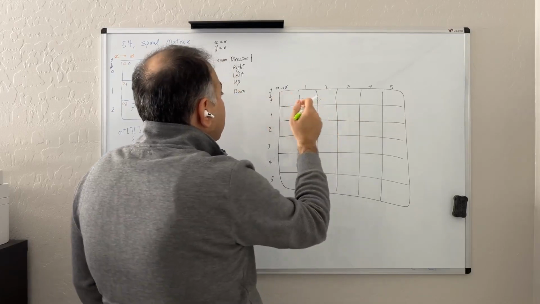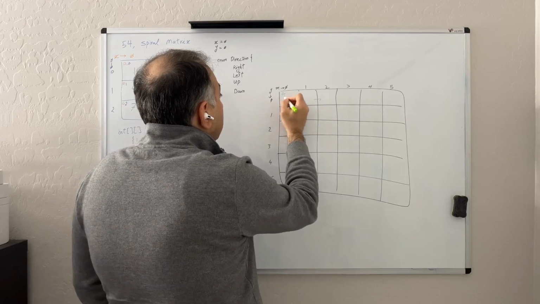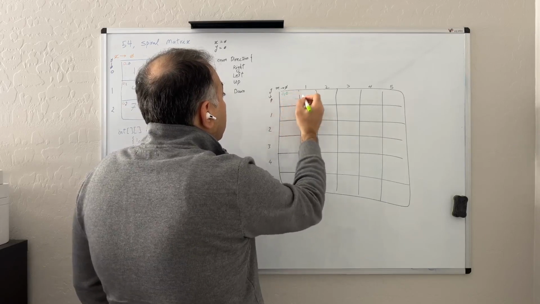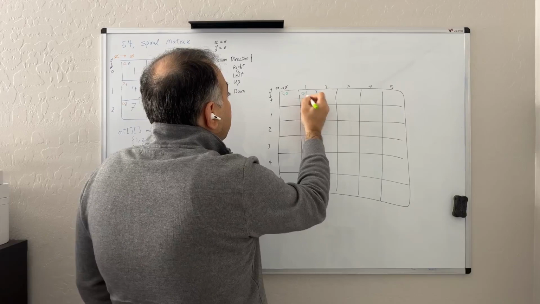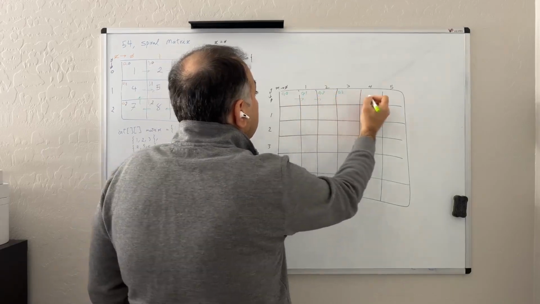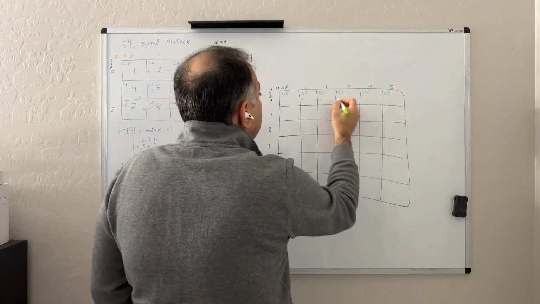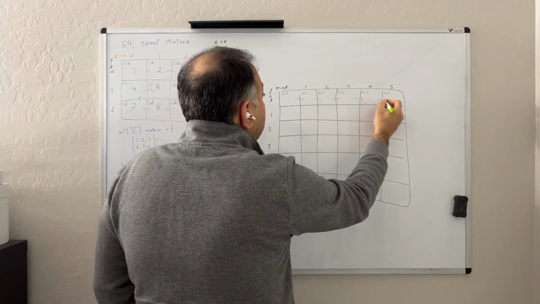First is the row, the second is the column. So row 0, column 0, row 0, column 1, row 0, column 2, row 0, column 3, row 0, column 4, row 0, column 5. I move like this.